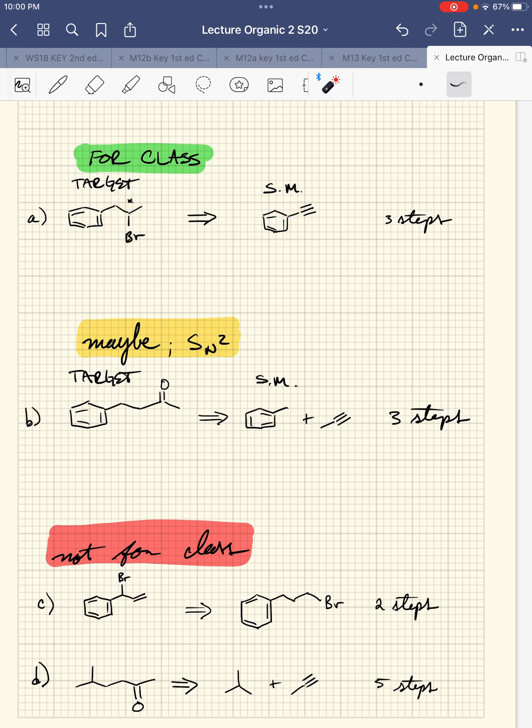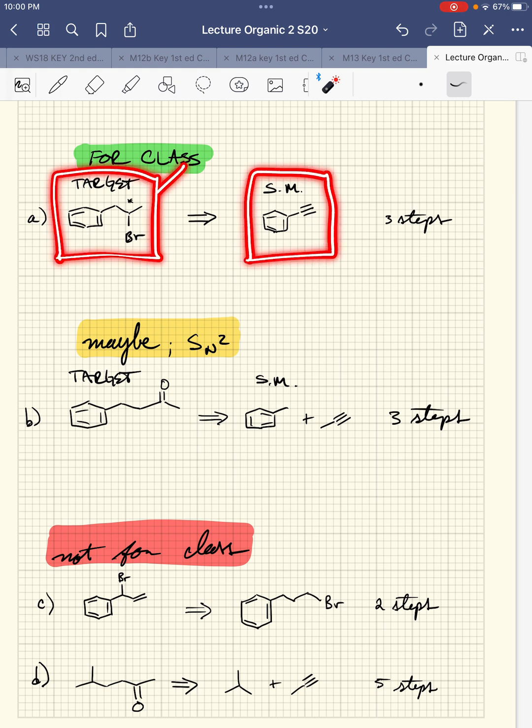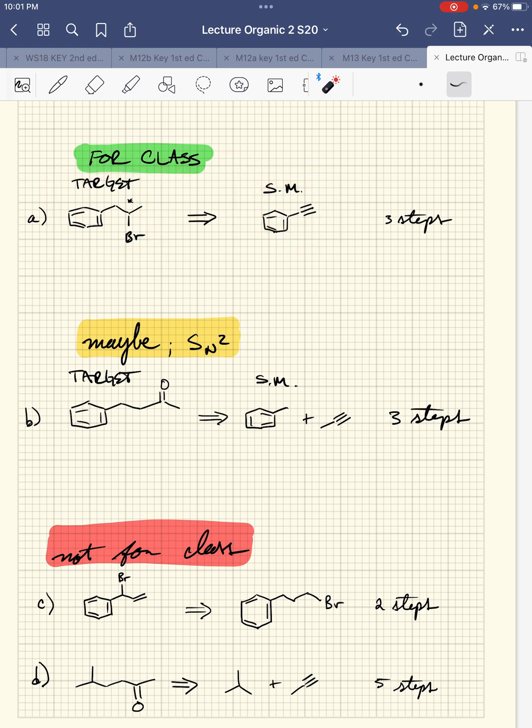So here, for example, the question is, this is your synthetic target. One wants to make this molecule. How would you make this molecule from this molecule? Here I've given you one quick hint, and that is that you can make this target molecule from this species in 3 steps.